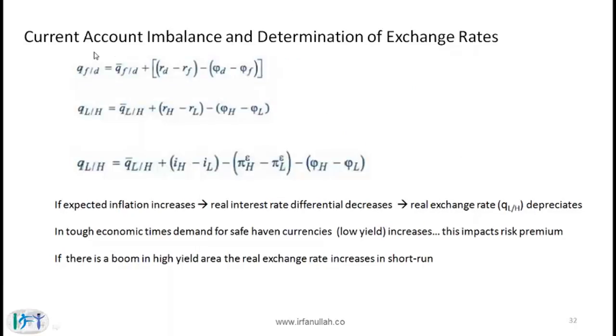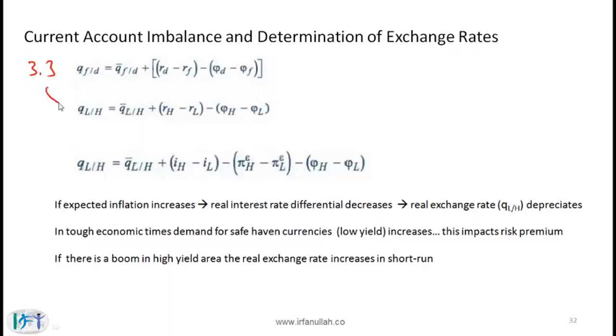Now let's look at how current account imbalances impact exchange rates. And to understand this segment, let's recall the expression that we studied in section 3.3. So we said that the real exchange rate is equal to the equilibrium long-run exchange rate plus the difference between real interest rates minus the difference between the risk premium of the domestic currency relative to the foreign currency.